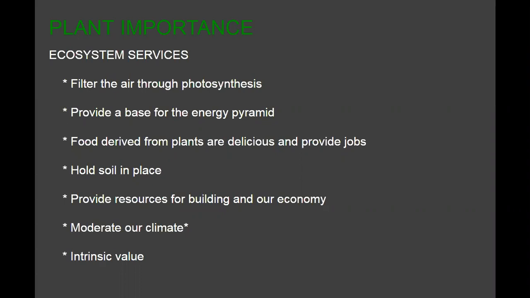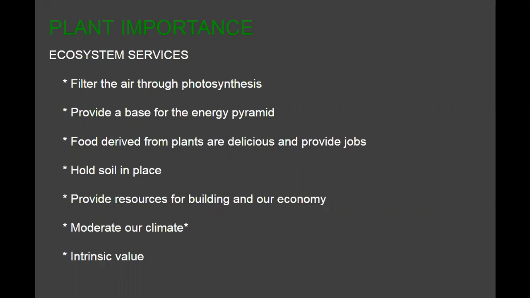Speaking of food, as human society, agriculture is really what propelled our civilization, and it's a big part of the workforce on the planet. We all need to eat, we all need to grow food, and plants provide other services, like retaining soils and preventing erosion.